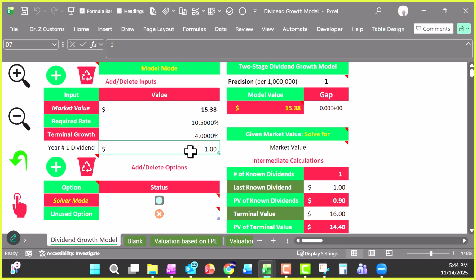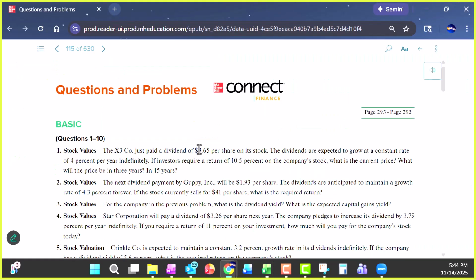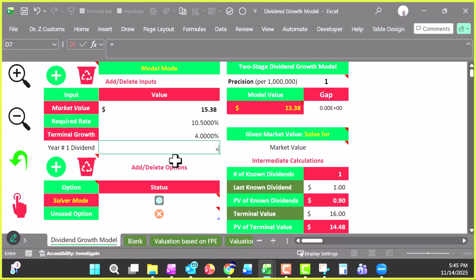In this case, the only thing I need to do is write the year one dividend. But be careful on this problem. You know the year zero dividend, but you also know that that's going to grow by 4%, right? So I'm going to write this as 365 times 1 plus 4%.